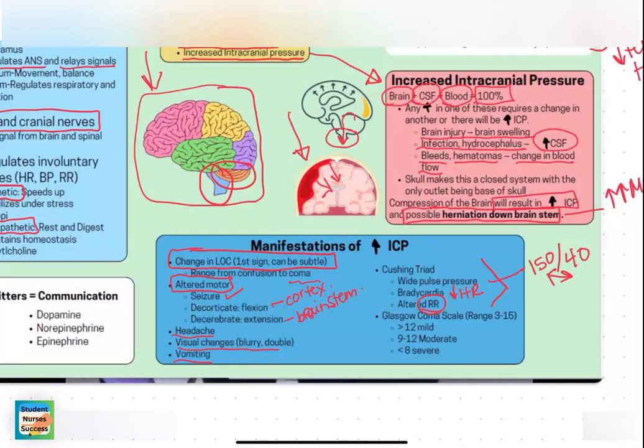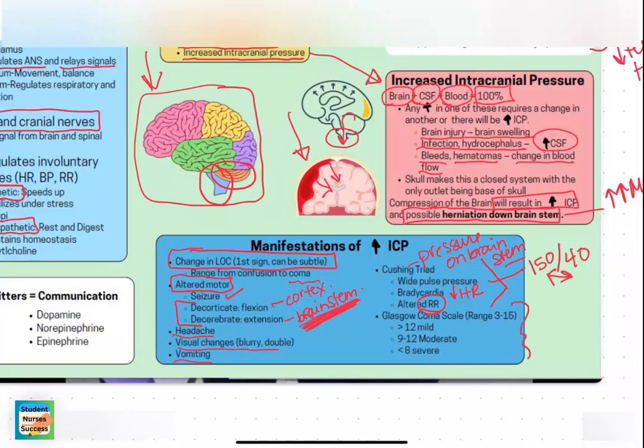This is because of pressure on the brainstem. And when we start to see this Cushing's triad, we know that we are really high on that pressure and we could herniate that brainstem. That would be the same with this posturing. When we really get down to this decerebrate posturing, we're putting lots of pressure on that brainstem.